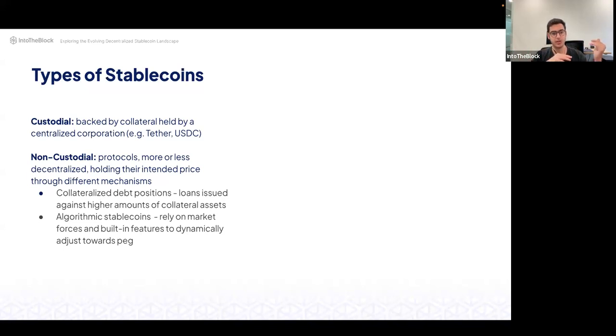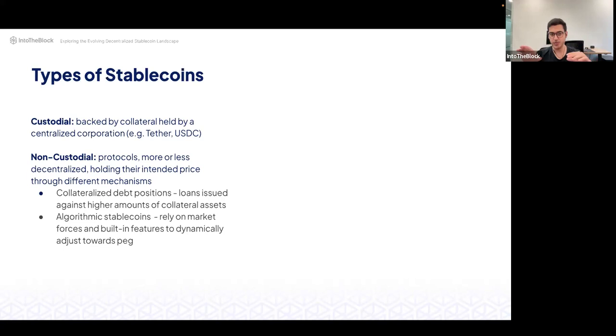For the non-custodial, it's a bit more complex. They can rely on either collateral or mechanisms to preserve the pegs. The main two types of stablecoins there are the collateralized debt positions, pioneered by Maker and DAI, whereby you provide a collateral asset that is over collateralized, so you provide more collateral than what you're borrowing, and the borrow is effectively you're minting a new type of money that is pegged to the stablecoin, typically $1, through diverse mechanisms, but since it's fully collateralized, it typically relies on liquidations to preserve that value.